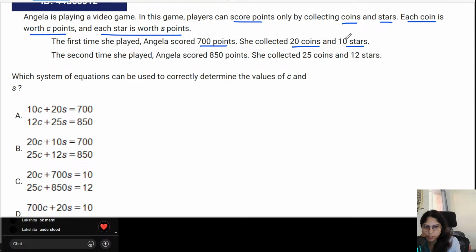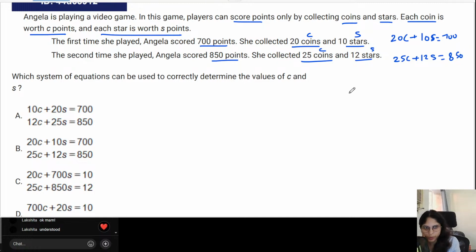20 coins is going to give her C points, so 20C plus 10S is 700. 850 points, so 25C plus 12S is 850.